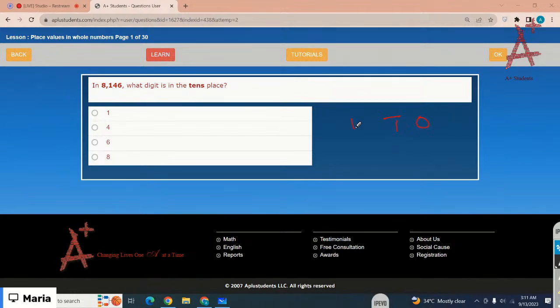Ones, tens, hundreds, thousands. You have 6, 4, 1, and 8. Very good. If you're using a place value chart, you can understand the place value of a digit very easily. So 4 is at the tens position. Very good.